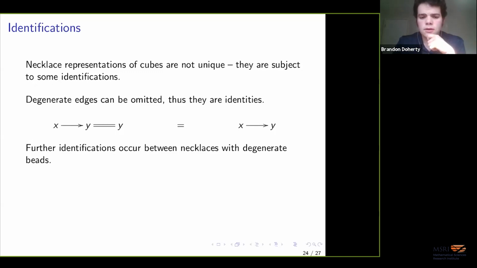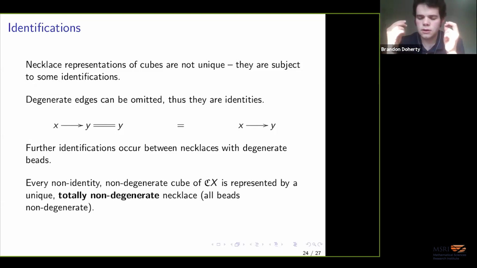But one nice thing that we can say is that if you have a non-degenerate cube in one of these mapping spaces, which is not an identity, then it does have a unique necklace which represents it, which is totally non-degenerate. So all of the beads of it are non-degenerate. Right, and the only other representatives it could have would be if you just added degenerate edges in different places.